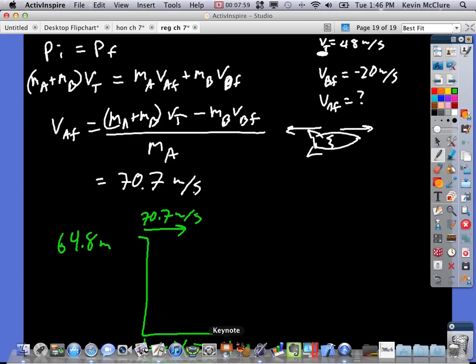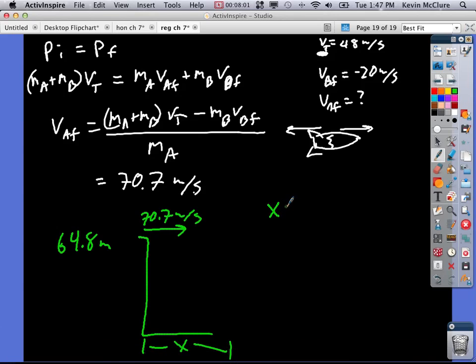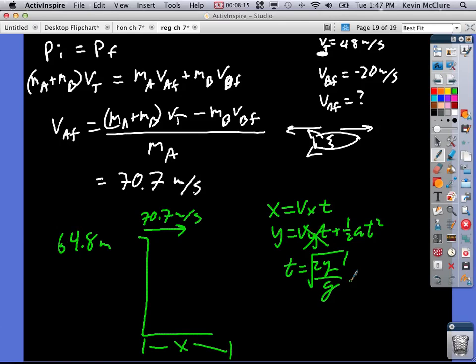Well, once again, we go back to our two-dimensional motion problem questions. We say x is vxt and y is vyt plus 1/2 at squared. Now, of course, y has no vertical velocity. So we say t is the square root of 2y over g. And then we're going to multiply that by our 70.7 to get our distance.